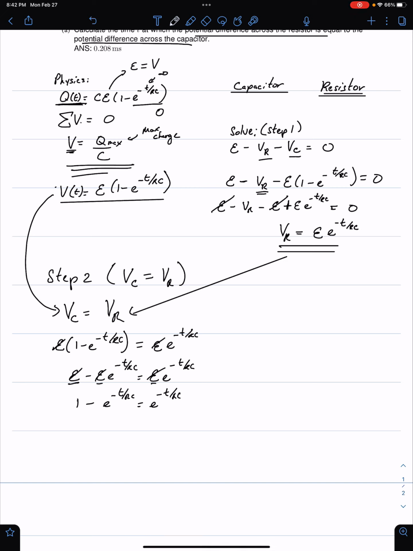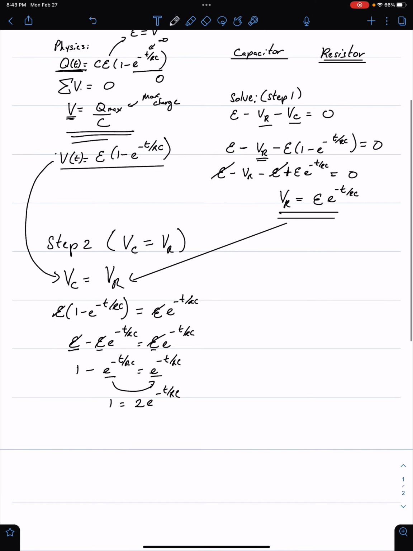Then you add these two together, bring one to the other side, and what you have is 1 equals 2 e to the negative t over RC. And then you bring 1 over 2 e to the negative t over RC.